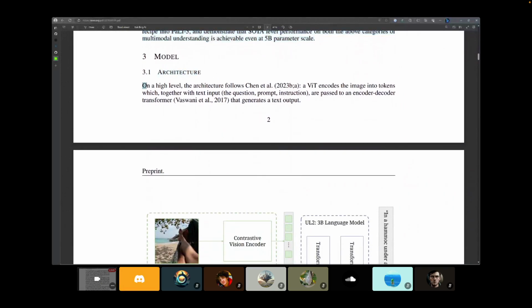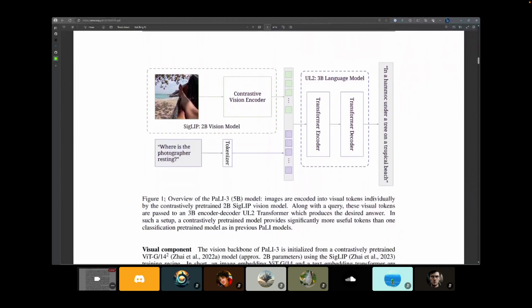Architecture. On a high level, the architecture follows PaLI, and a ViT encodes the image into tokens, which together with the text input, the question prompt instruction, are passed into the encoder-decoder transformer that generates the text output. So here in figure 1 is an overview of the PaLI 3 5 billion model.